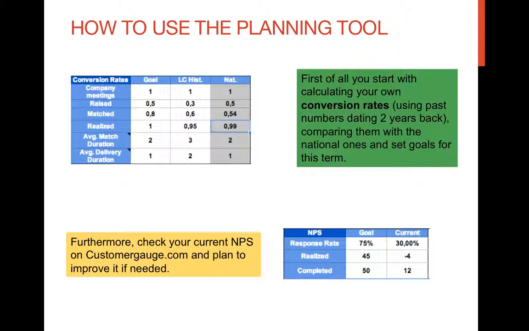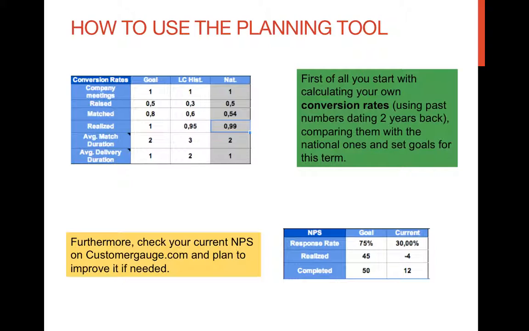The match to realized conversion rate is usually really close to 100% because there's nothing much that could possibly happen in the meantime to destroy your match. Now the national average is 99%, your LC it's only 95, maybe because something went wrong, but usually you can't really improve much on that, or at least not strategically.